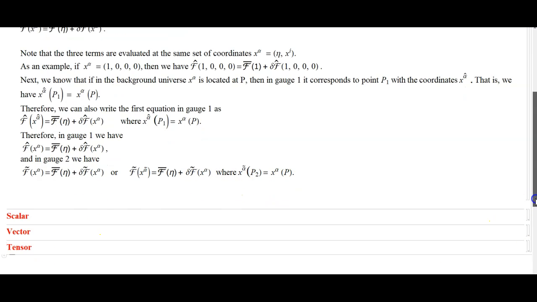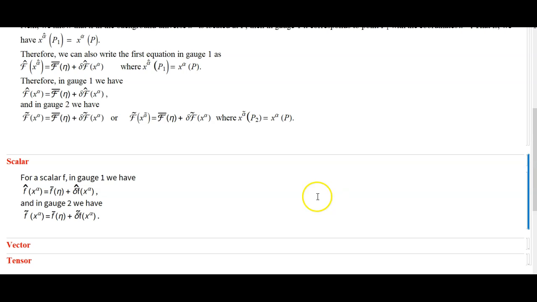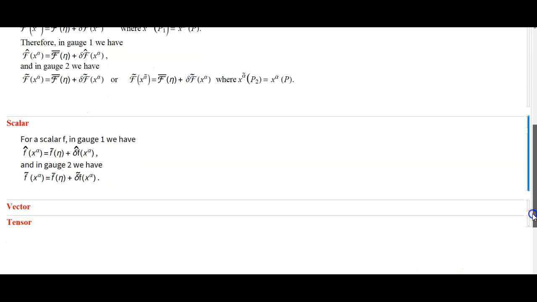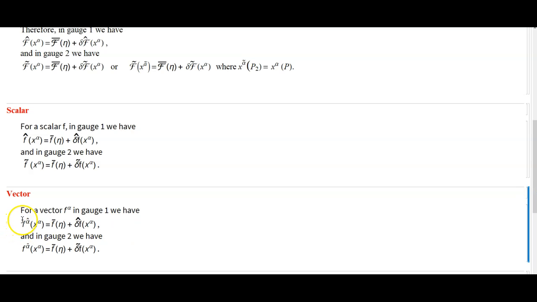Now, moving further on with our notation, if we have a scalar f, then I will write the equations like this. And if I have a vector field f alpha caret, then instead of putting a caret on f, which I can do, I can either put the caret on f and not on the coordinate, but it's a matter of personal choice.